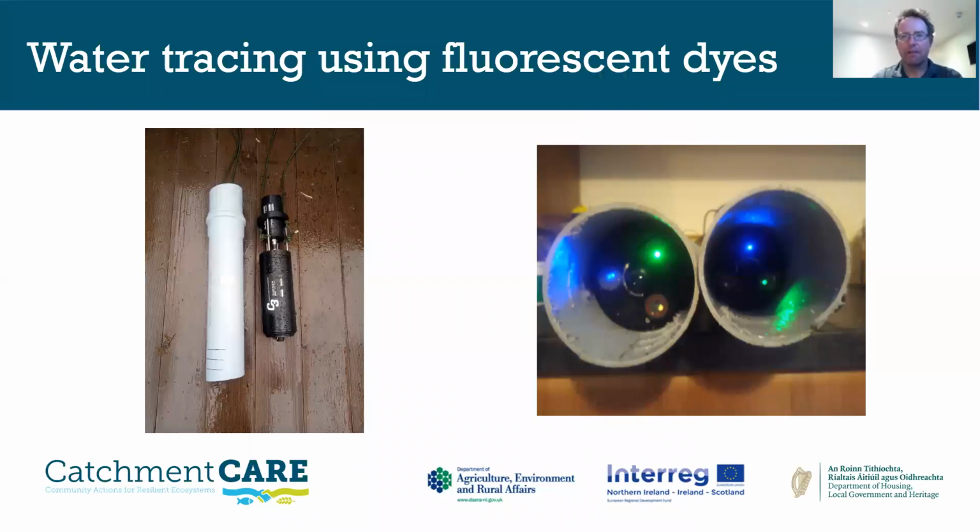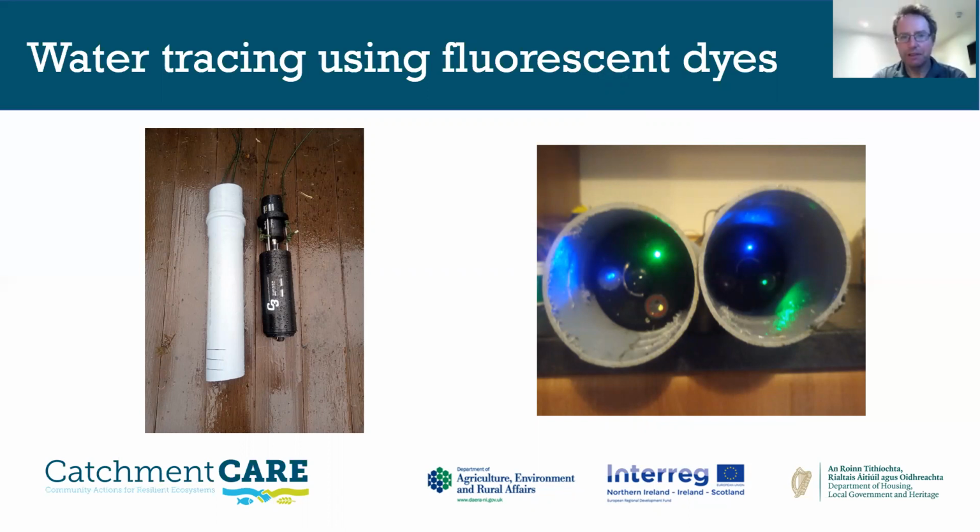Now, we've been mapping out the flow paths of the groundwater as it goes through the Karst aquifer using fluorescent dyes. And as part of this project, 2 logging submersible fluorometers were purchased.